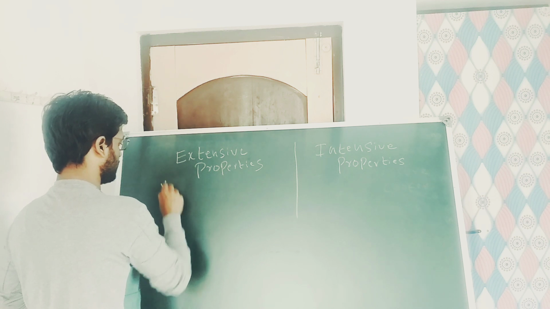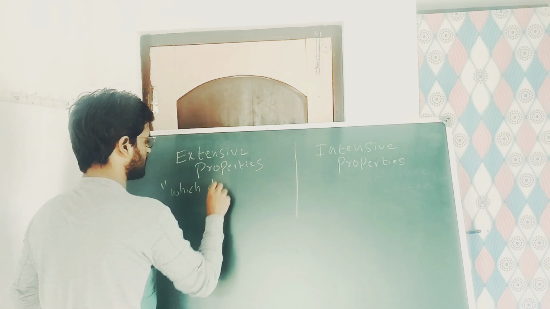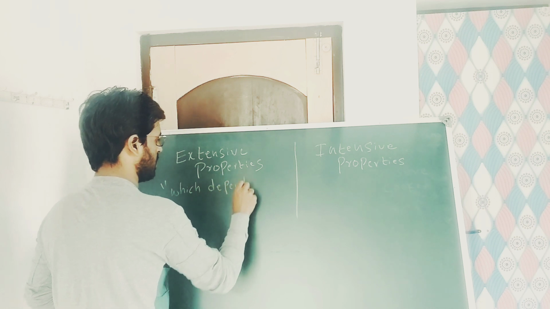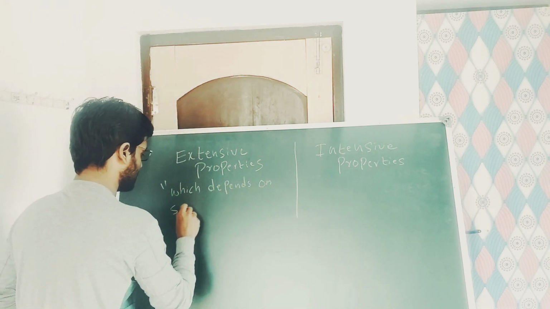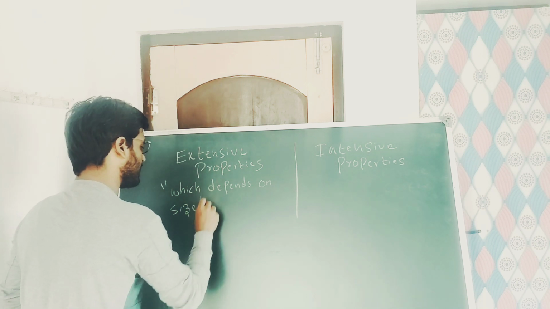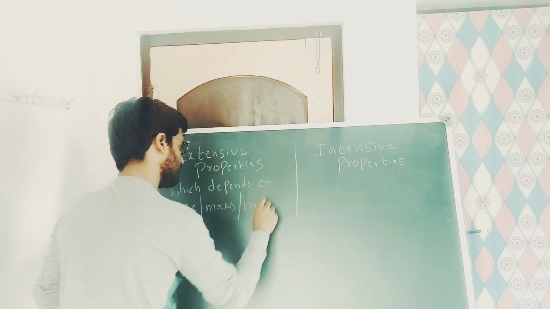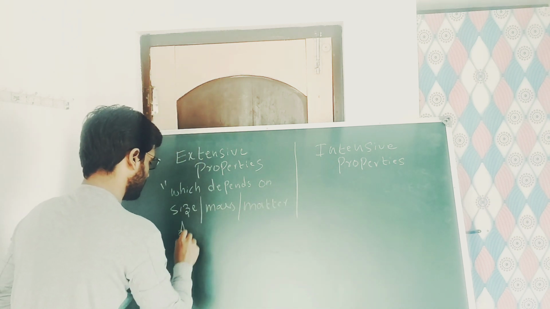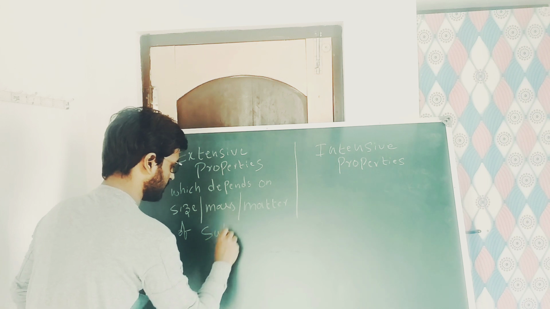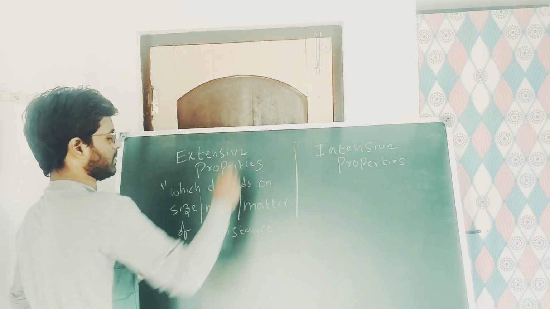Properties which depend on size of the substance, or we can say mass, or we can say matter, of substance is known as extensive property.